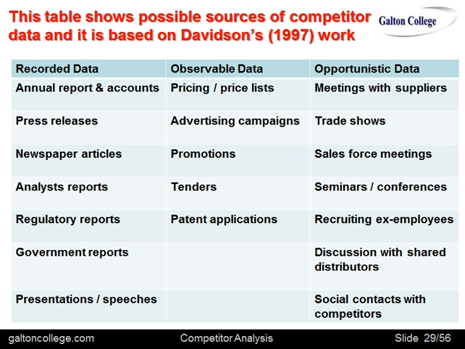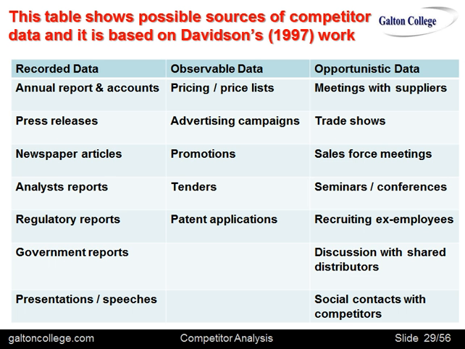For observable data, well, we can observe what the price lists say for the different products. Advertising campaigns, well, these are observable, you can see them. Promotions, they can be seen.